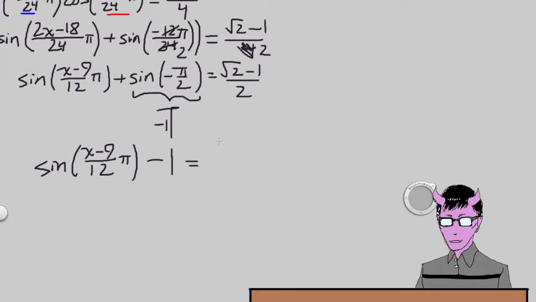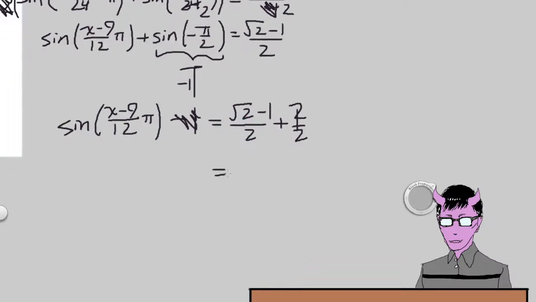There we go, and then right there, copy paste. Plus 1 to both sides, so plus 1, and we need to combine these two. This is denominator 2, so we're going to do 2 over 2. So on the cleanup, we are going to get root 2 plus 1 over 2.